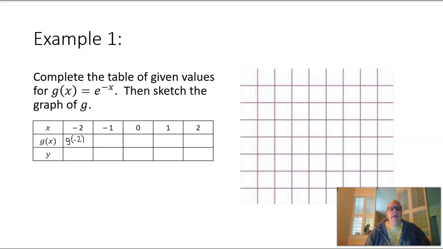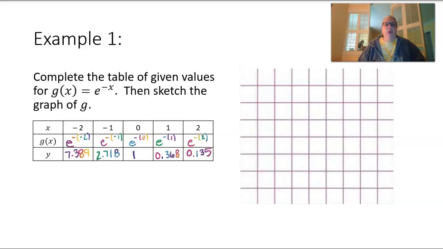And then take negative 1 and plug it into the g function, and then 0, and also positive 1 and positive 2. I'm going to plug these into my calculator and see what values I get.